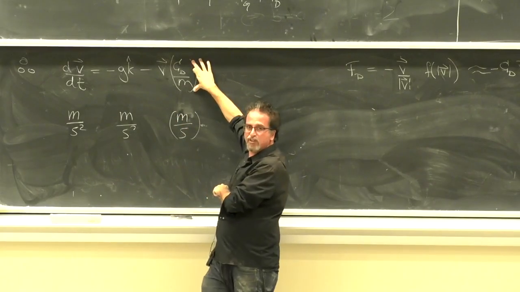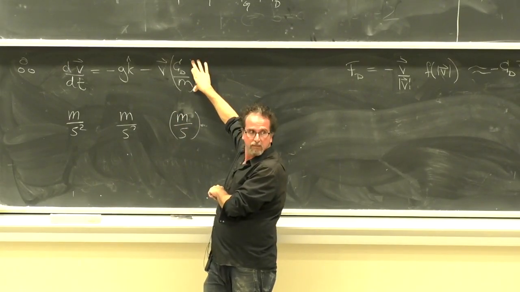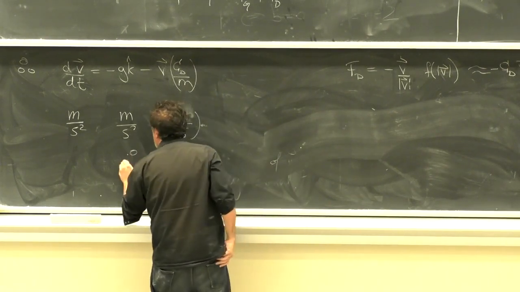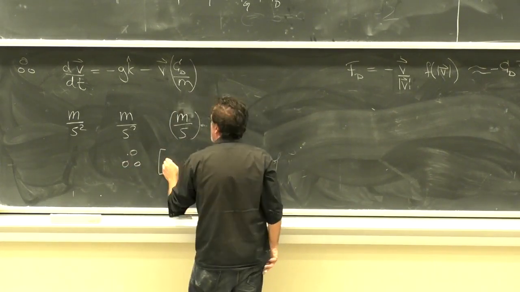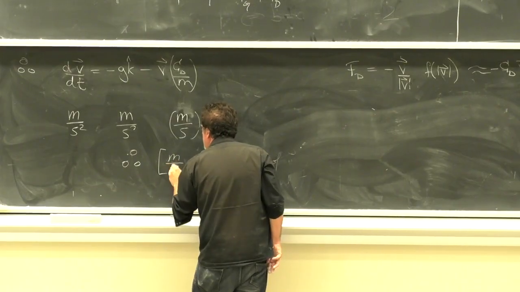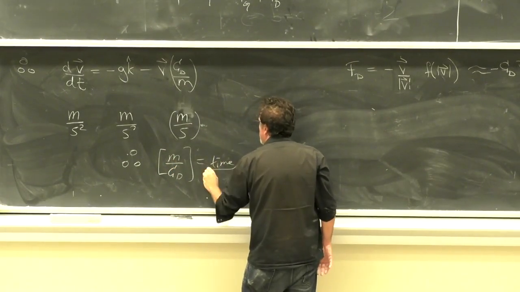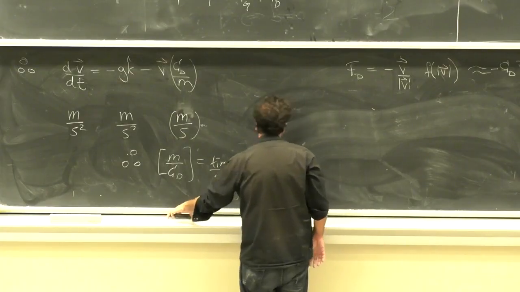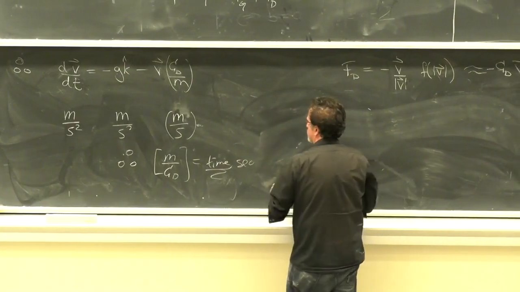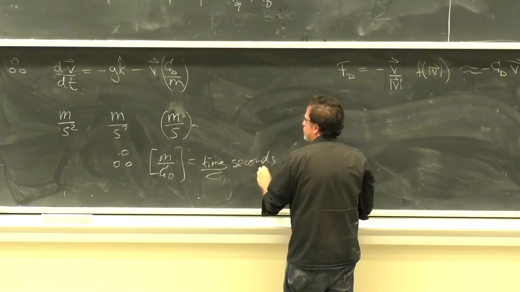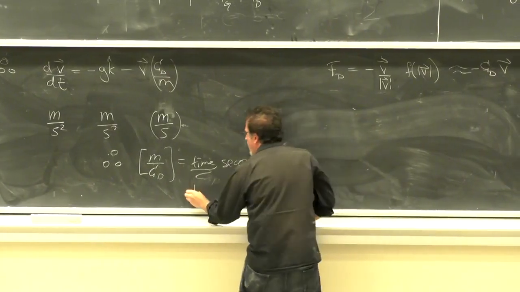Therefore, this coefficient must have units 1 over seconds. So the units of m over cd, which is the reciprocal of that coefficient, are time, or seconds. And this is called the drag time.